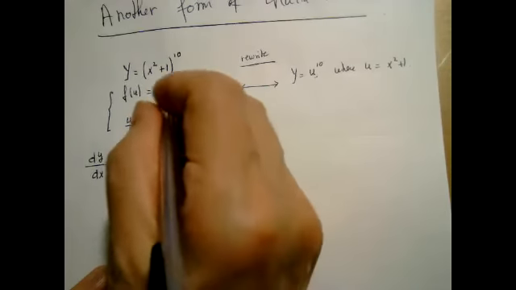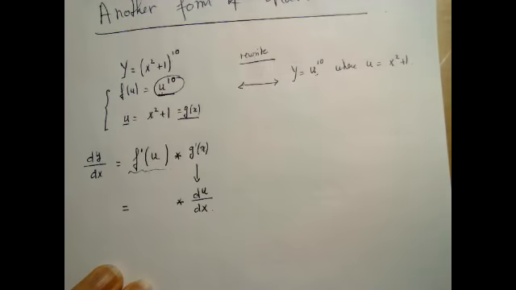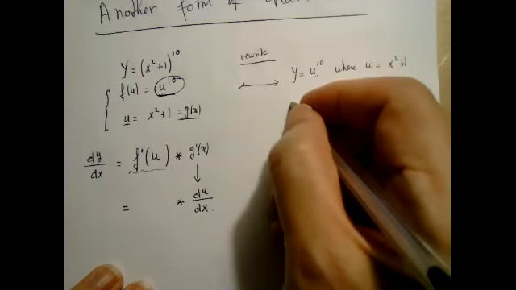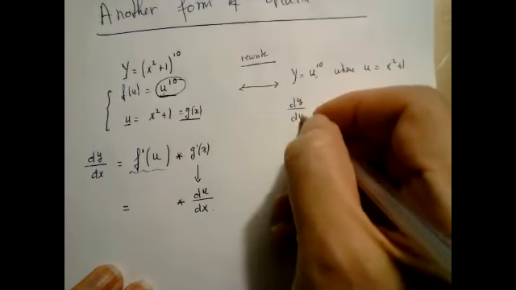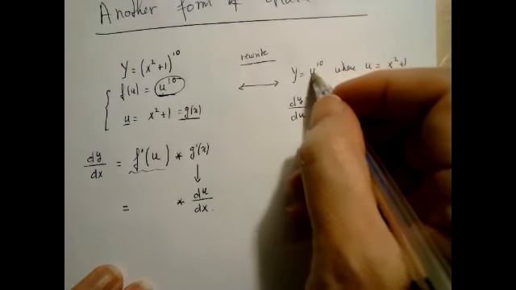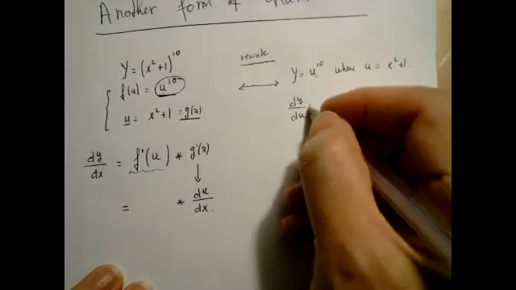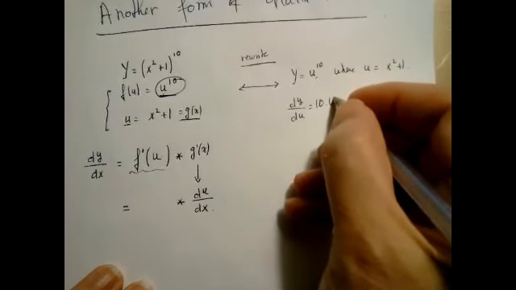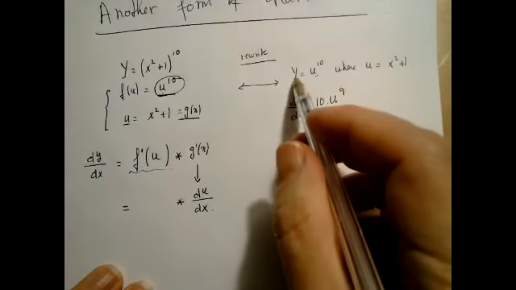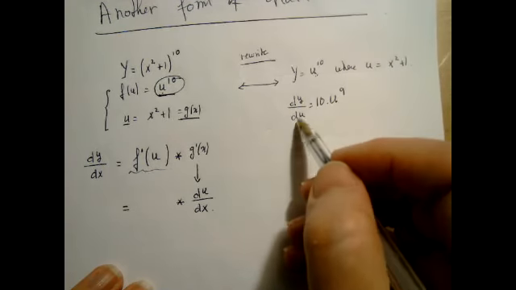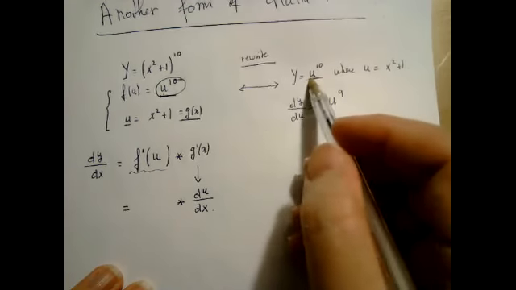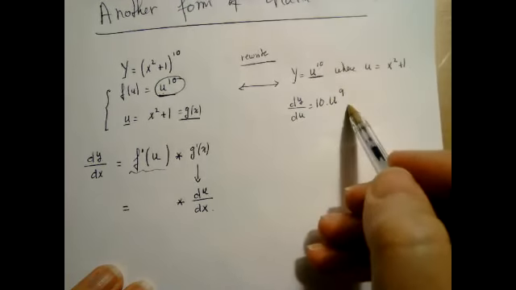F prime of u, with this notation, becomes nothing more than dy du. If I think of y as a function of u, dy du is 10 u to the 9th. The derivative with respect to u, if I think of this as the variable, is 10 u to the 9th.